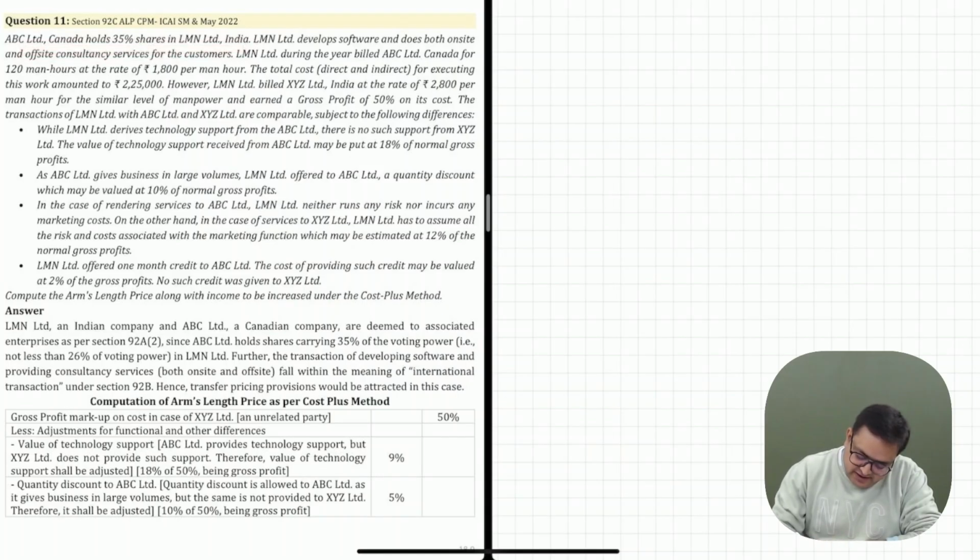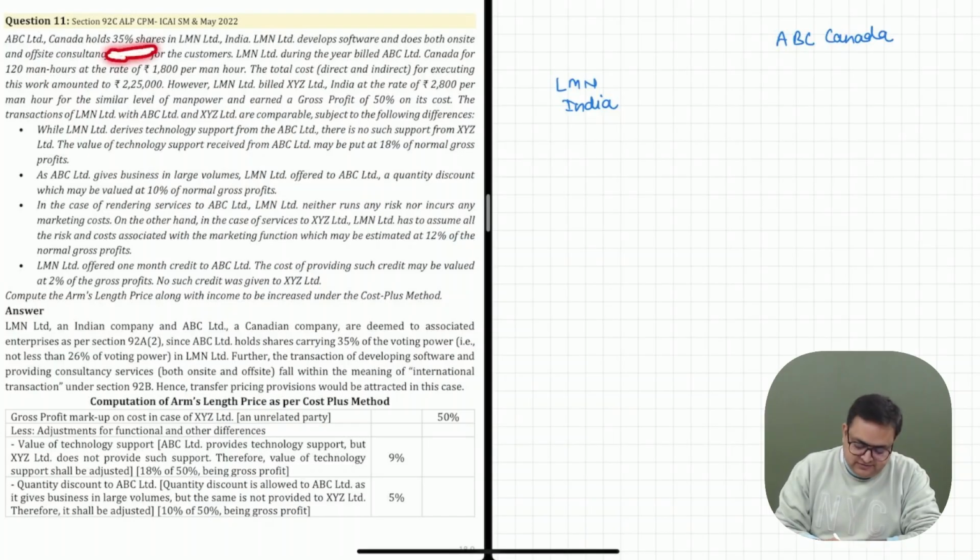Okay, so we have Element India and we are selling it to ABC. This is ABC Canada and they are holding 35% shares in Element. So they both are associated enterprises. Got it?